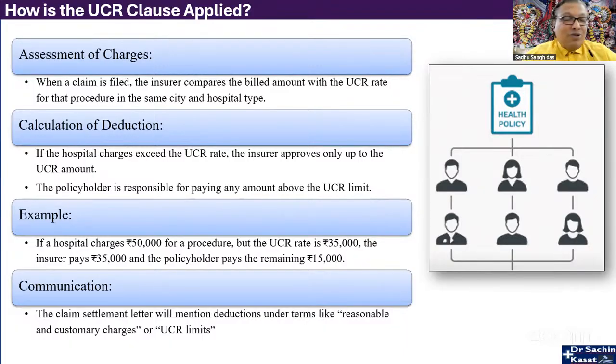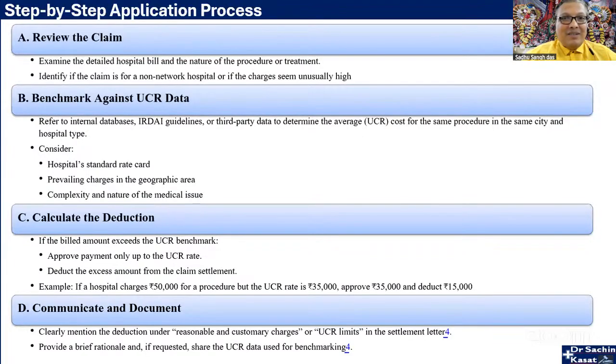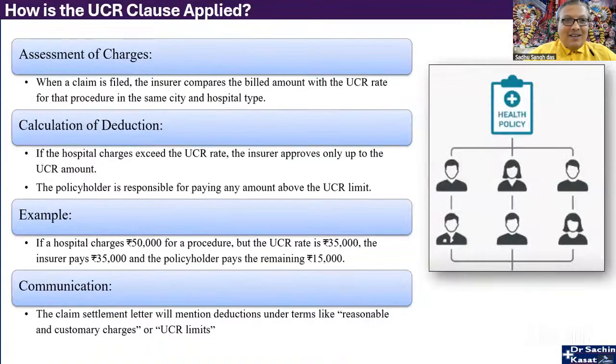This same city and hospital type is very important. The practical demonstration will vary from organization to organization, because each organization would have different capabilities of understanding the benchmarking data. But something which remains common is that it has to be done by same city and hospital type.